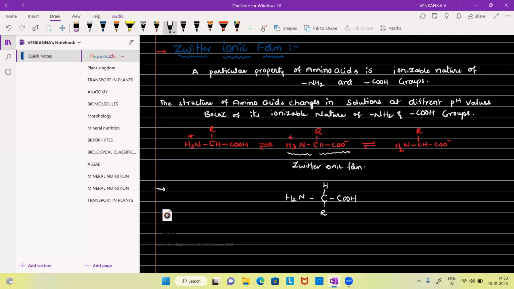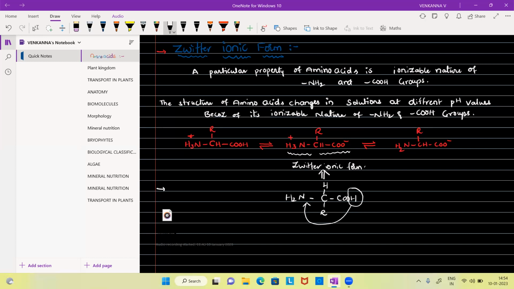In the general structure of an amino acid, the carboxyl group is a donor of hydrogen. It donates the hydrogen to the amino group. When it donates the hydrogen to the amino group, the amino group becomes an ammonium ion, NH3 plus. By donating H, COOH becomes COO minus.